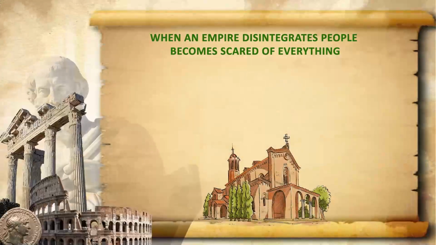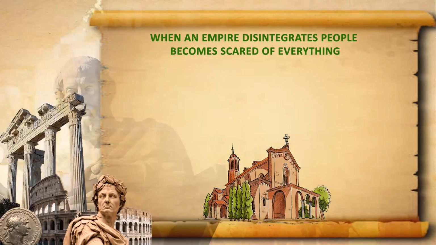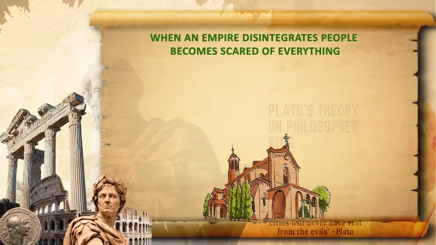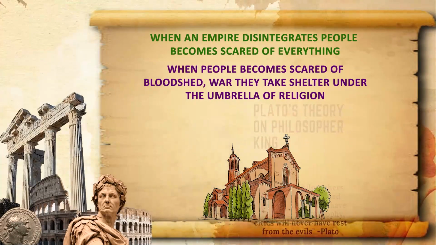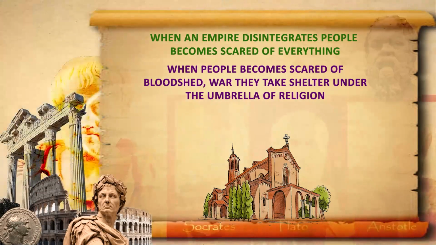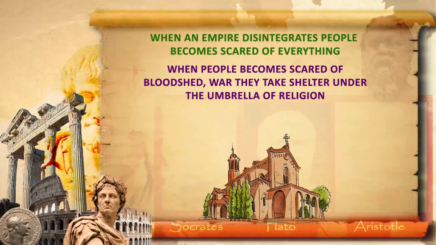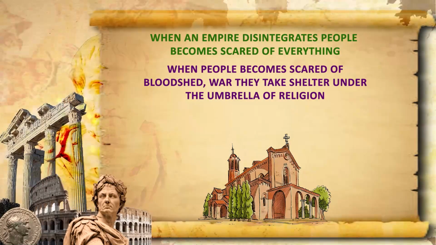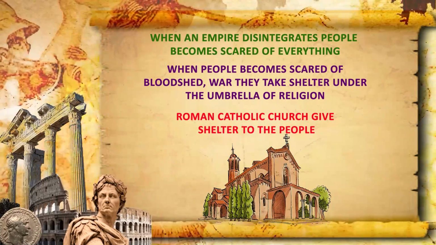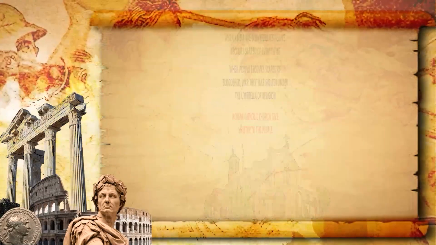Because when the Roman Empire disintegrated, there was large-scale fear among the people. When one empire disintegrates, the people become scared of everything. When the people become scared of the bloodshed and the war, they take shelter under the umbrella of religion. The Roman Catholic Church gave shelter to the people, and ultimately the church became powerful.